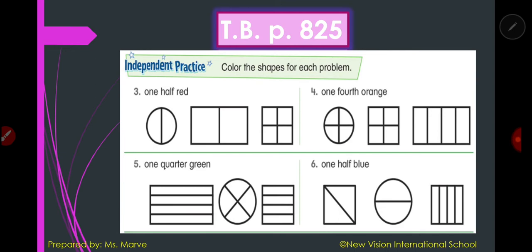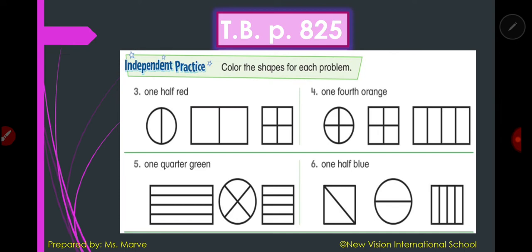Now get your orange color pencil and shade only one part out of 4. Okay? Out of 4. Number 5, 1/4 green. Get your green color pencil and color only the one part. Number 6, 1/2 blue. Get your blue color pencil and then color 1 out of 2.